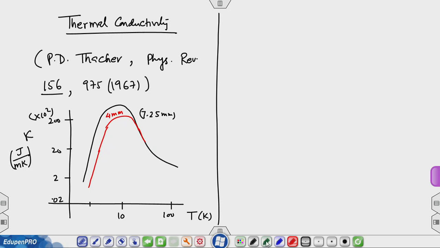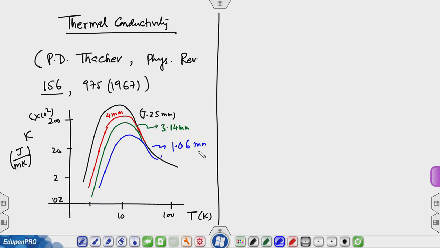Size is further reduced, and at 3.14 mm, this goes further down, line is still parallel and then merges. And finally, the 1.06 mm curve goes up like this, and then at higher temperature goes like this.